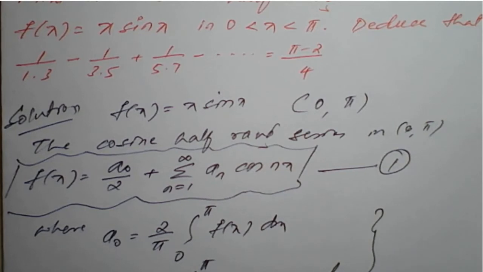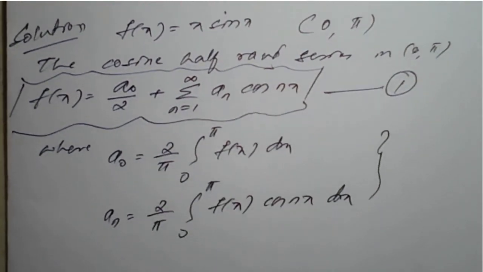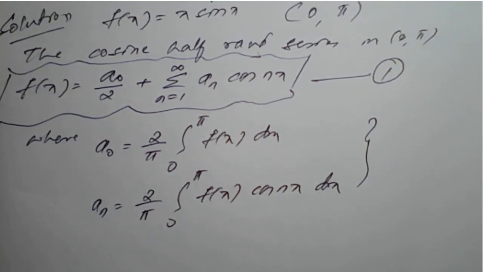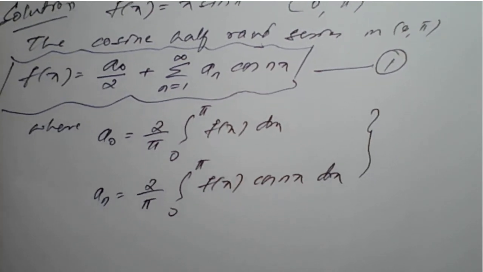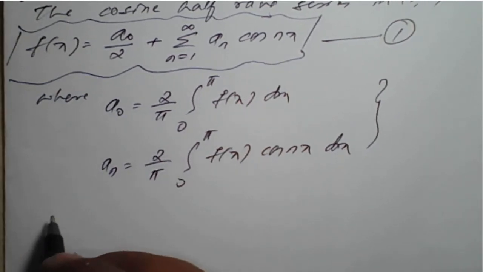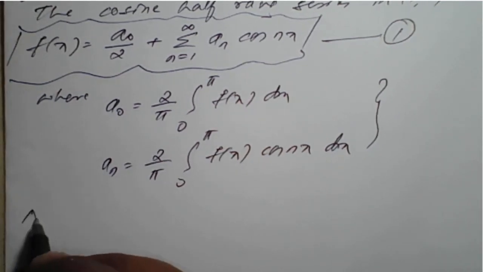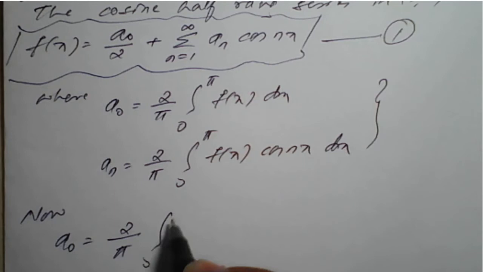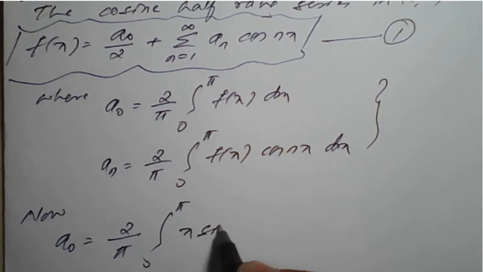So these are the Fourier coefficients. We need to simplify them one by one using the function f(x) = x sin x. So first we take the a₀ value.